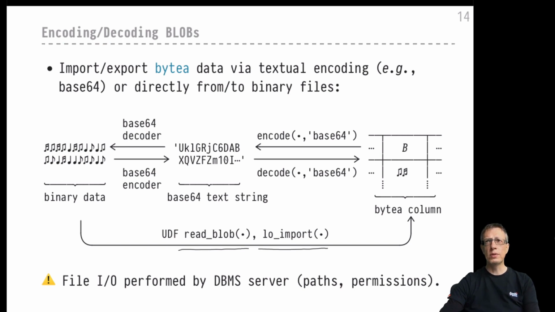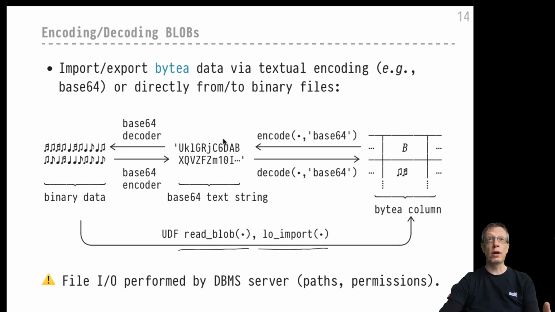Another way, one that we will also discuss in an example in a minute, would be using an intermediate step by first encoding the binary file data into some textual format that is easily handled and that can be easily passed from tool to tool in a Unix world. For example, by using base64 encoding, to turn this binary data into a textual form, a textual gibberish long string that we could handle with other tools or even inside PostgreSQL.